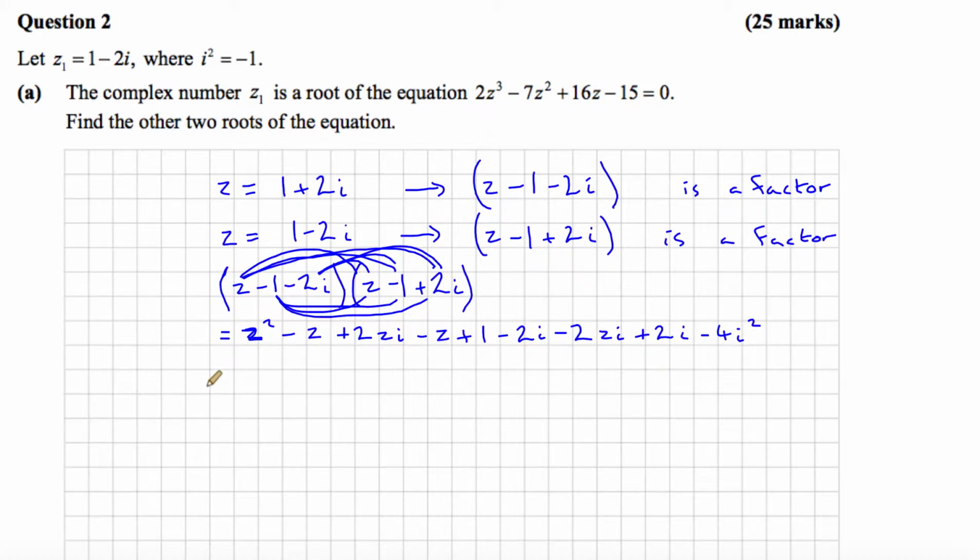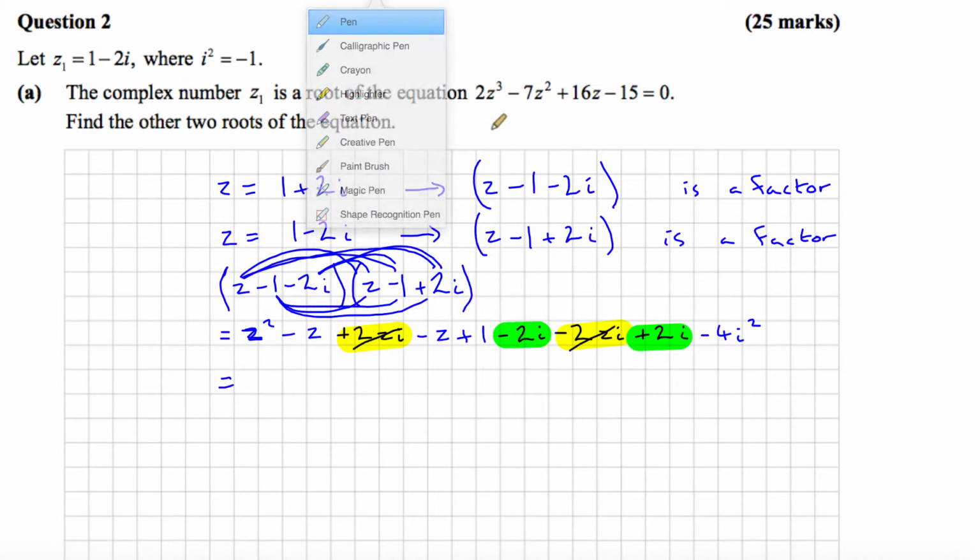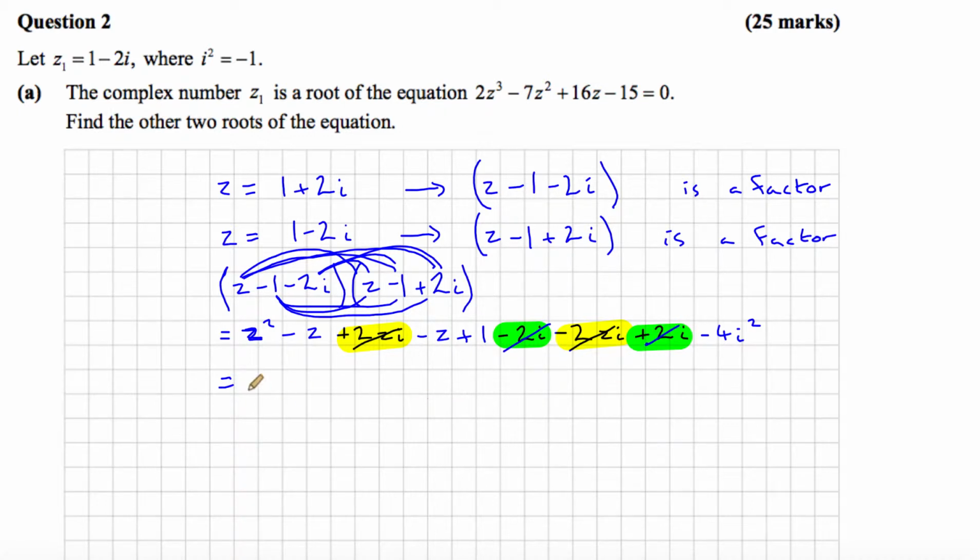So lots of terms here when you multiply out, but some of these are cancelling. You've got plus 2zi here and minus 2zi there. I'm just going to color code this to make it clear. They cancel. You've also got minus 2i plus 2i, and they cancel as well to give 0. So you're left with the z squared term, minus z and another minus z gives you minus 2z.